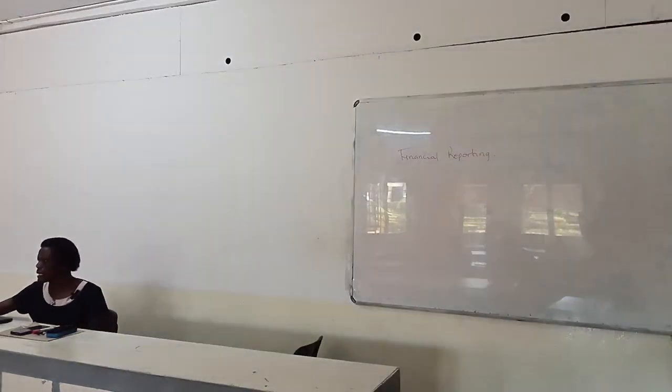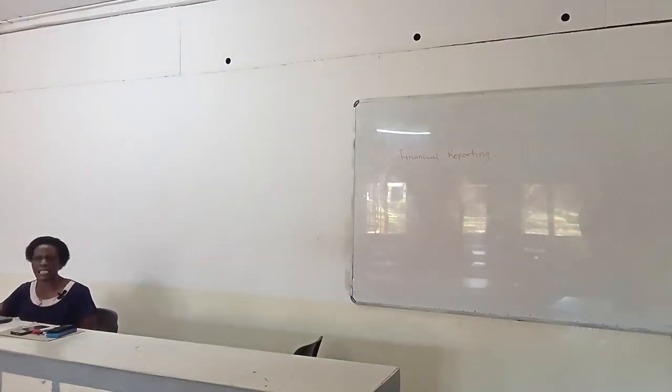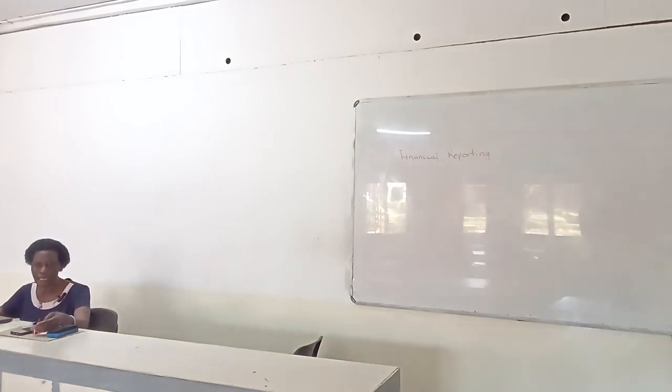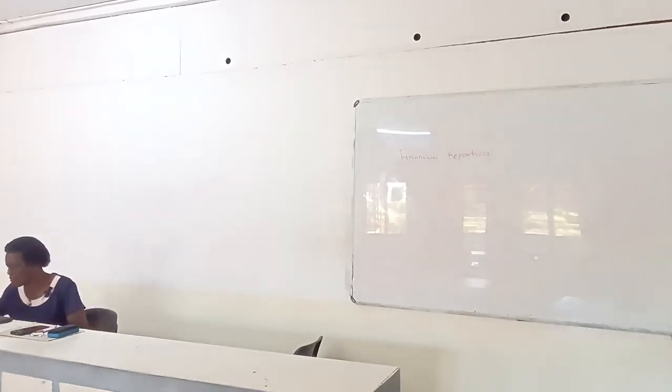Sometimes there are other activities that can happen once and then end. For example, I can take you back to COVID. It didn't continue. For example, the masks, are they still sold? I don't know, maybe they are, but not as they used to be. Those are some of the examples that we can give when we're talking about discontinued operations or discontinued activities of the company.